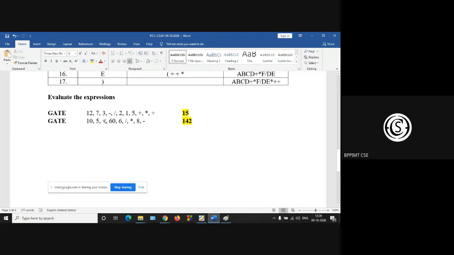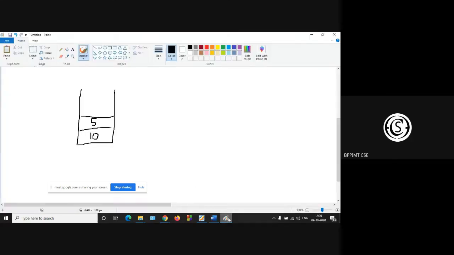Next one is the plus. As this is an operator, we have to pop two operands: 10 plus 5, that is 15.